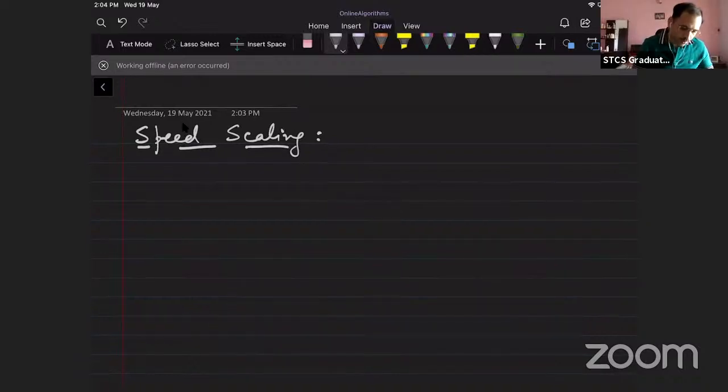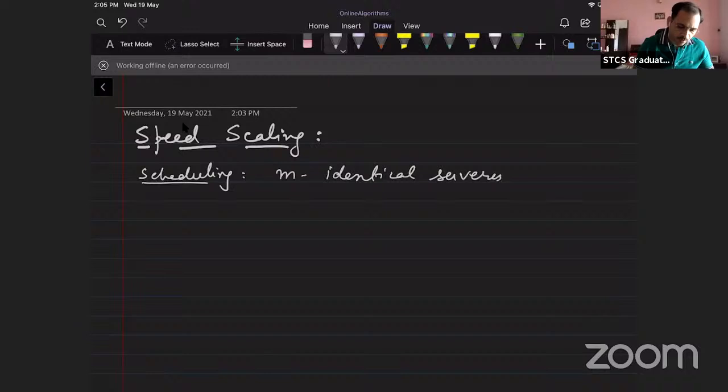So previously what we did was we looked at the scheduling problem when there were m identical servers with fixed speed, and in particular we took speed to be equal to 1, unit speed, and we showed something.